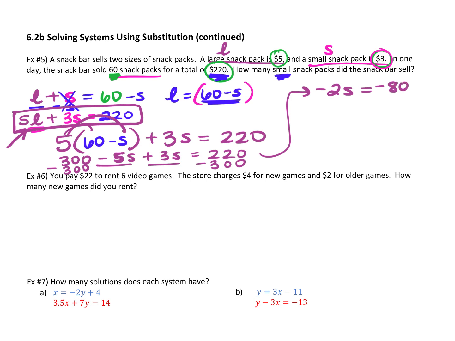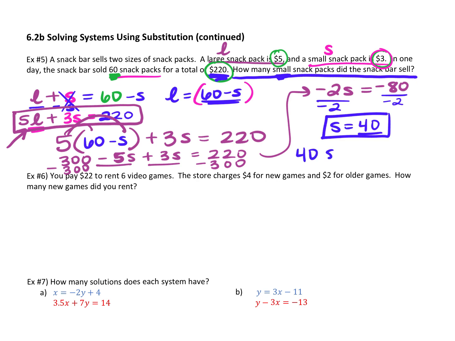You can just plug that into your calculator. Now to solve that, we're going to divide by a negative 2, and you get S equals 40. The question was, how many small snack packs did they sell? Well, S was our small, and that is 40. So they sold 40 small snack packs.